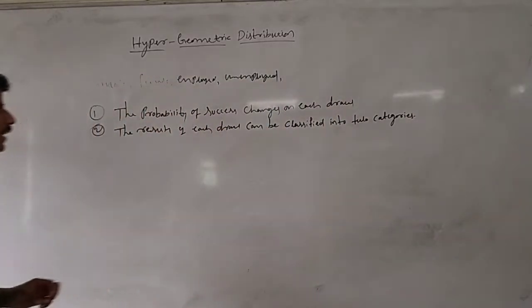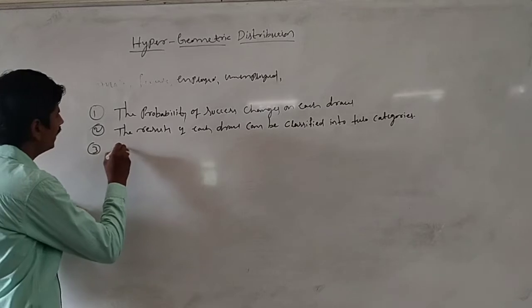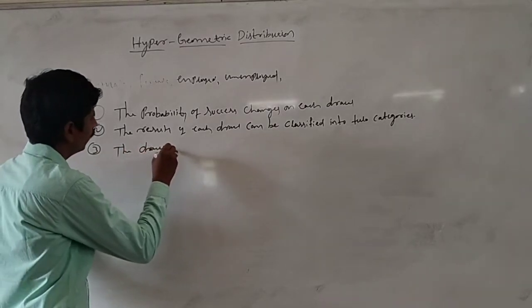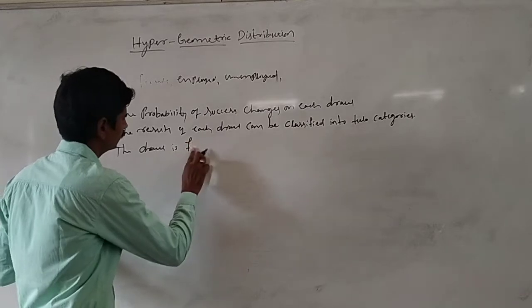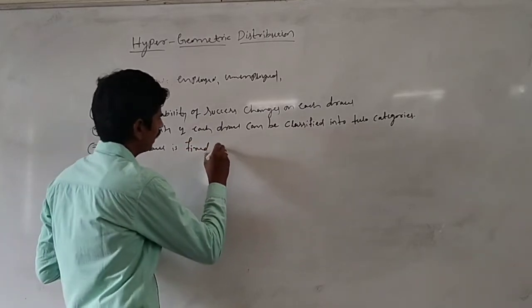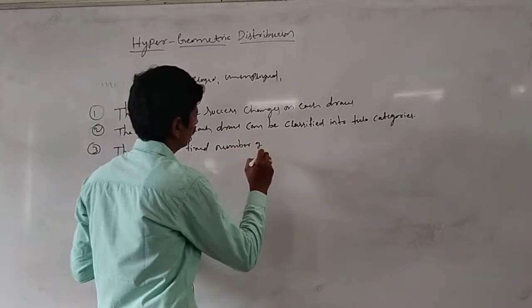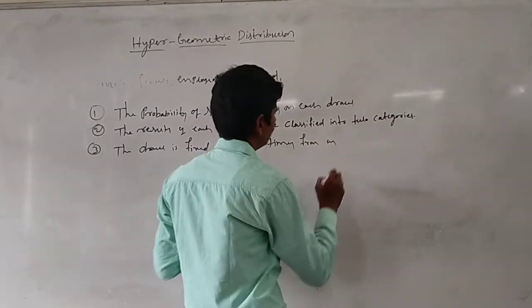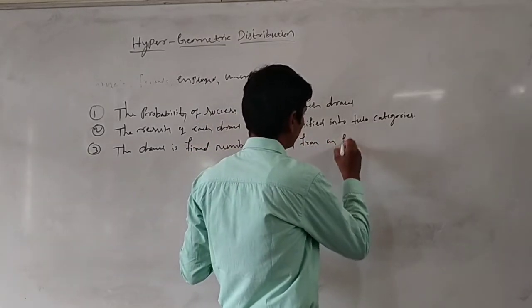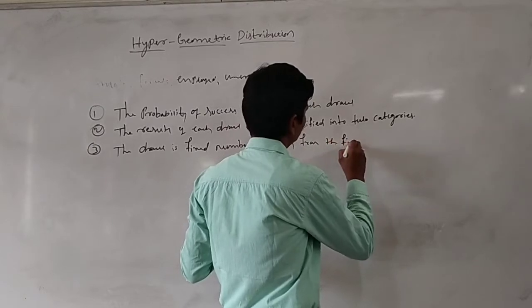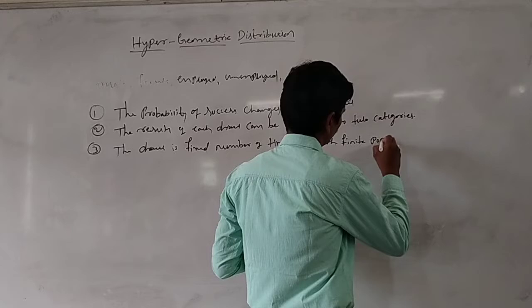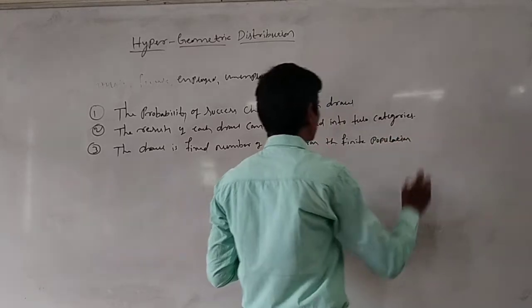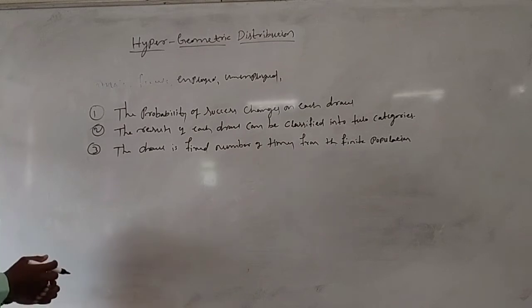The third one is that the draw is made a fixed number of times from a finite population. These are the three conditions involved in the hypergeometric distribution.